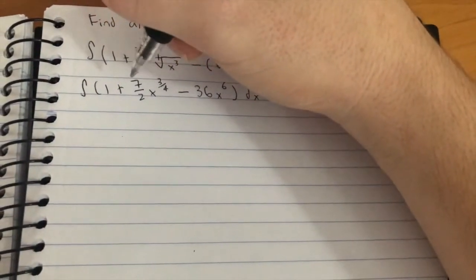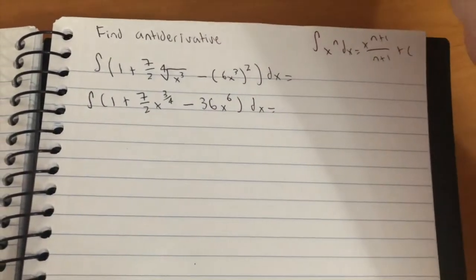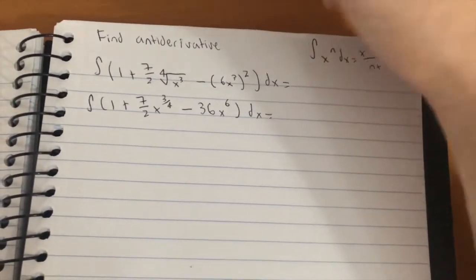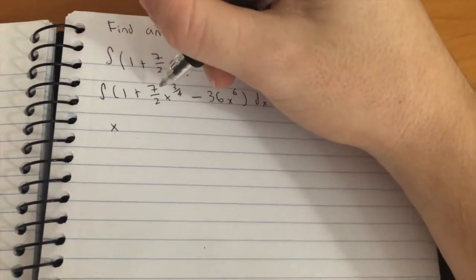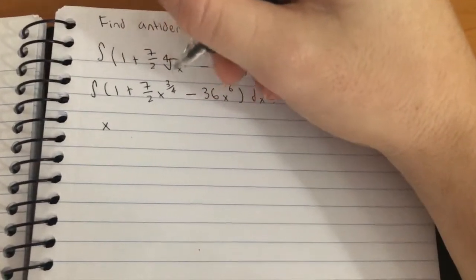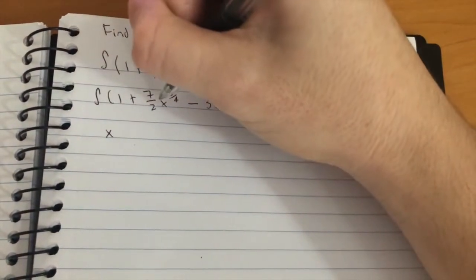In here, since it's 1 and it doesn't have an x or any value like that, just a number, this is gonna turn into an x. Now in here, it's gonna be a little more complicated, so I'm gonna separate it in two.